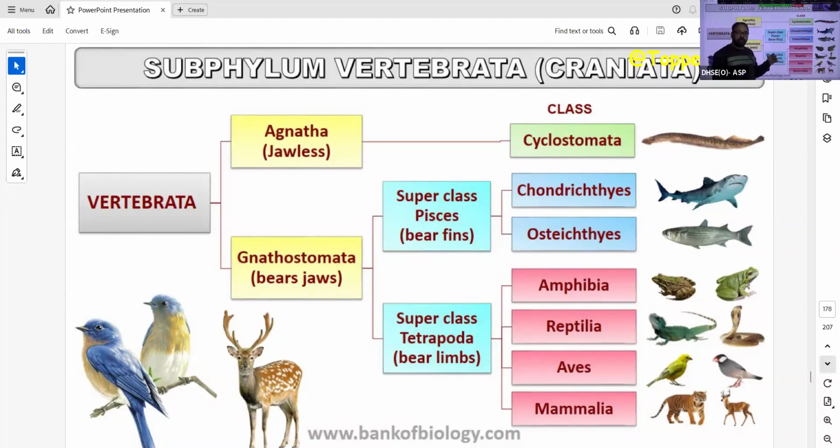The Urochordates, Cephalochordates, and Vertebrata. Urochordates and Cephalochordates are very simple forms of chordates, with a small population and exclusively marine. ठीक है? The general features are very simple. But there's a lot of diversity in the subphylum Vertebrata.